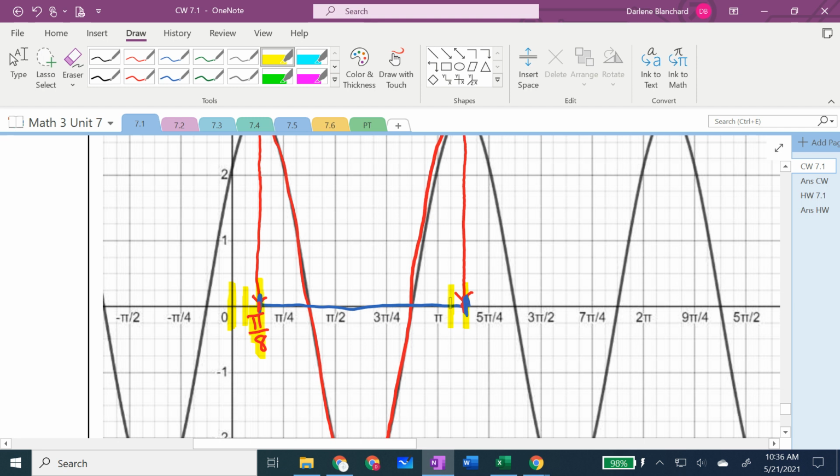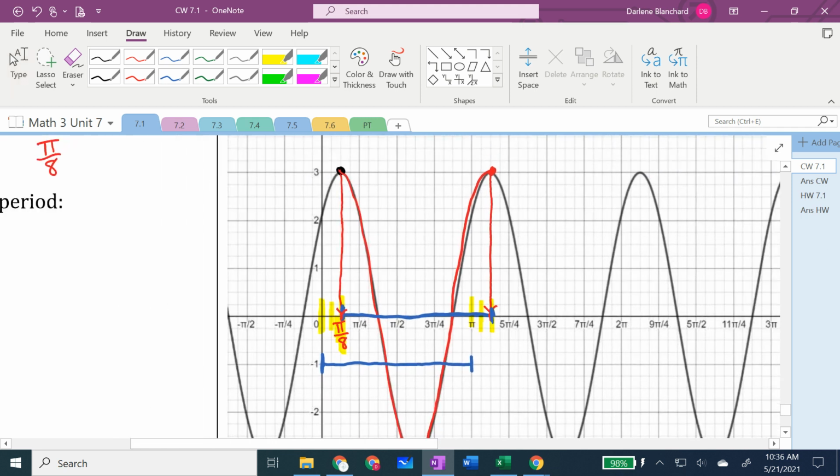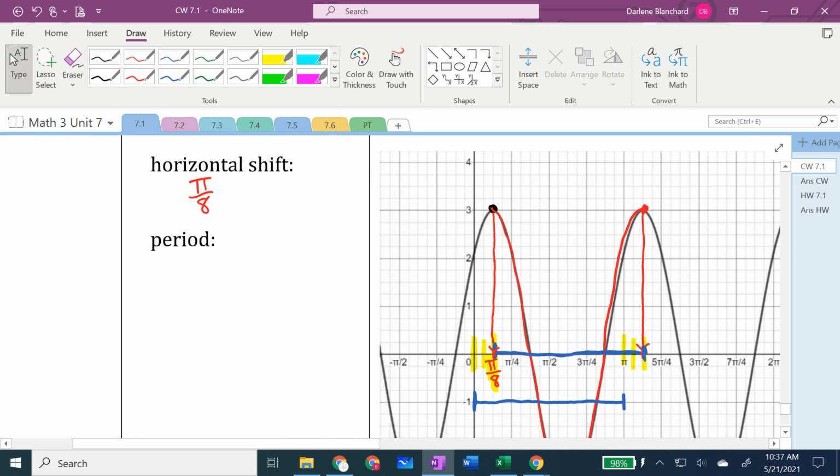So I'm going to move this 1, 2. Here to here is exactly the same distance as here to here. What is that distance? Does everyone see that distance as pi?